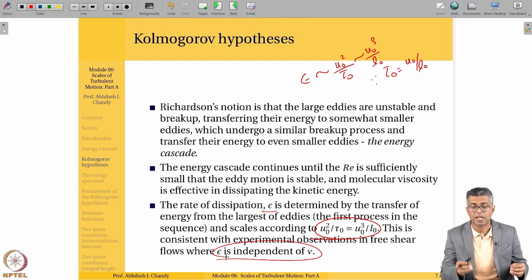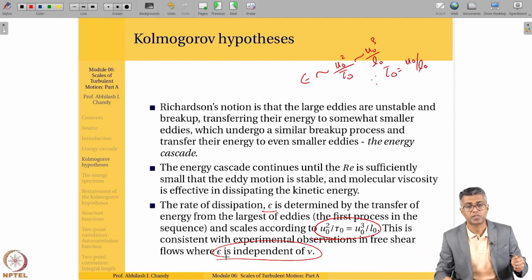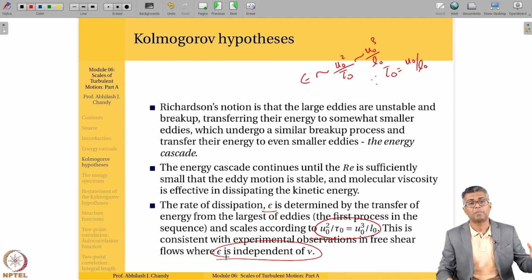The large scales are breaking up into smaller and smaller scales. And there is a dissipation that happens at the small scales, determined by the transfer of energy from the large scales to the small scales, because that is the first step in the process.